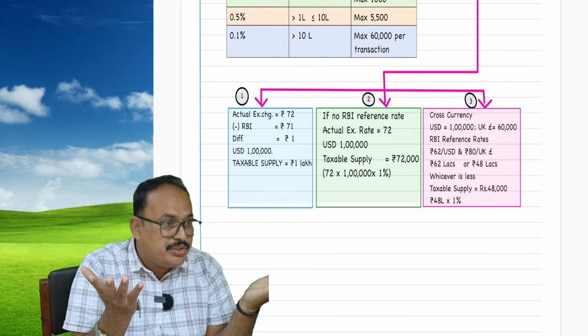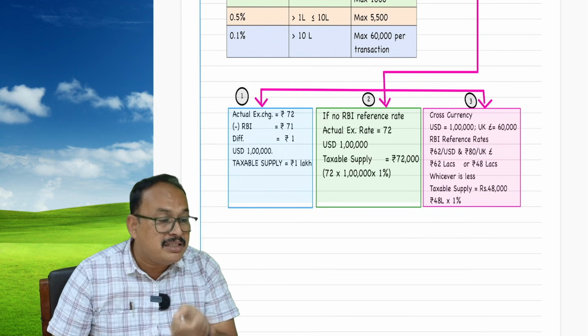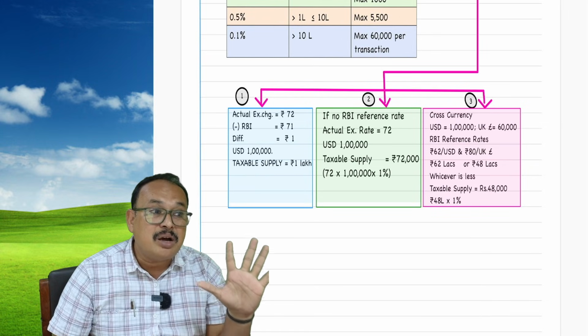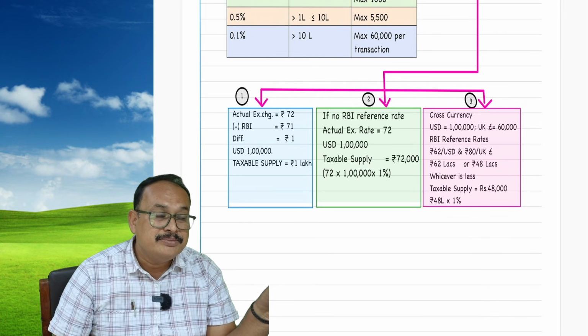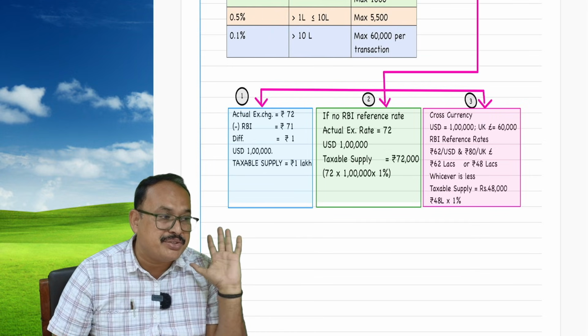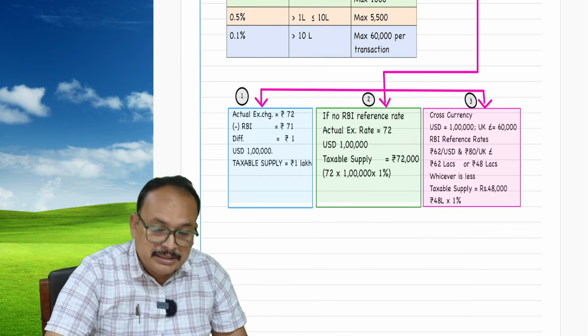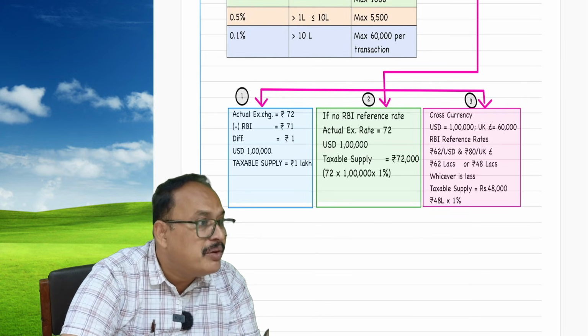Beyond 10 lakhs, 0.1%, minimum 250 per transaction, maximum 60,000 per transaction. With that, you get the value. Here, only the actual exchange is the base to convert the foreign currency into Indian rupees. Clear? This is the only methodology available for a money exchanger.